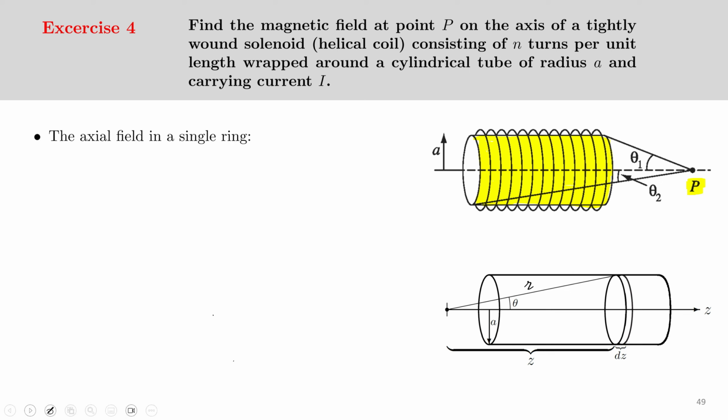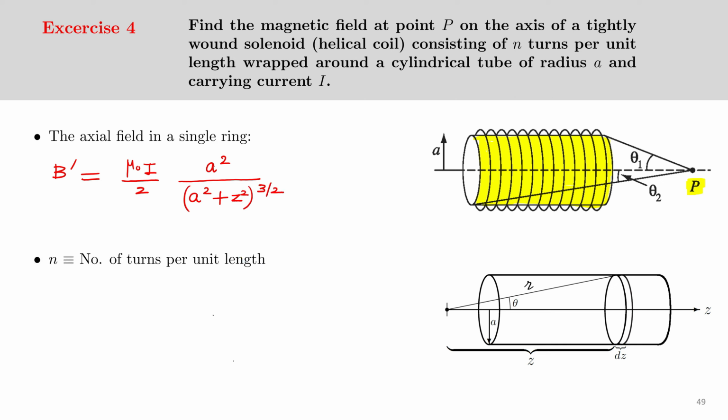For that, we'll start with the axial field due to a single ring. In the previous slide, we have seen that the axial field due to a single ring is mu 0 I over 2, then a square divided by a square plus z square raised to 3 by 2. We are given that n is the number of turns per unit length.